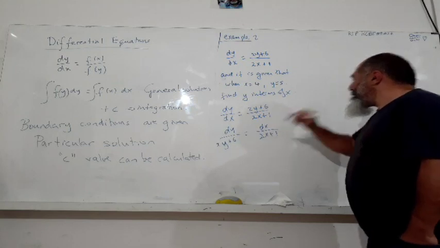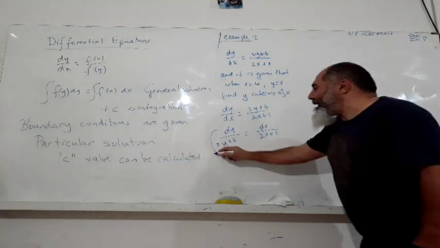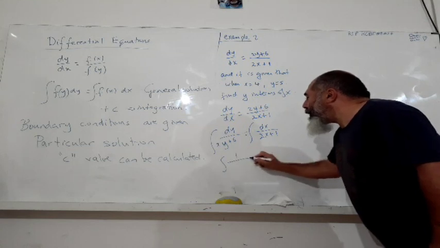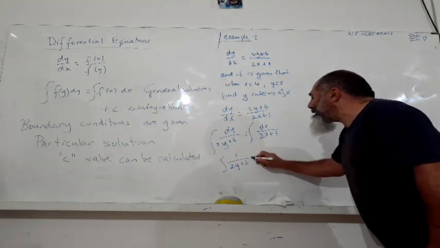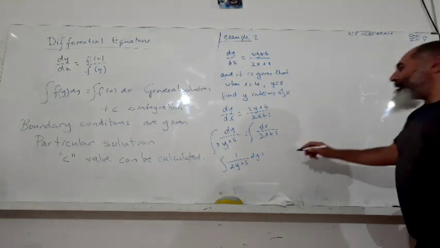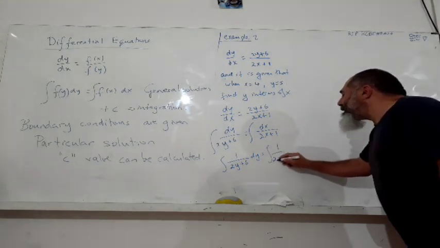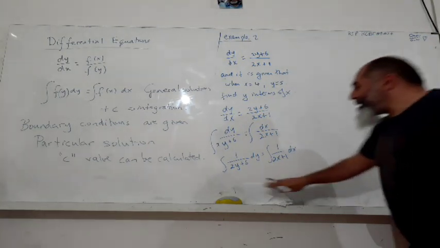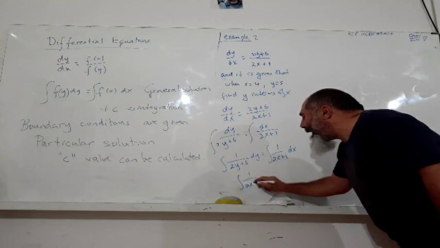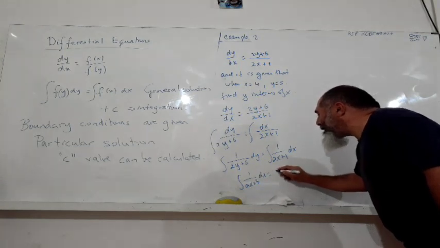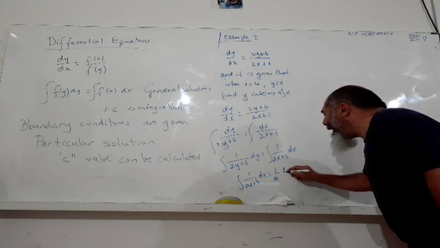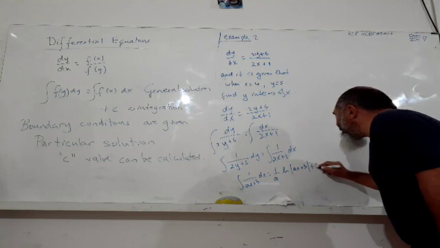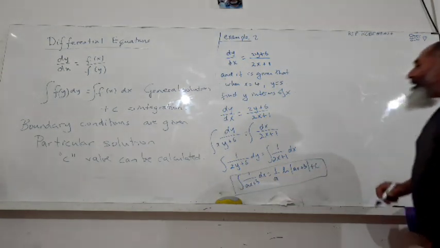What do we have here? We have 1 over 2y plus 6 dy, and on the other side we have 1 over 2x plus 1 dx. And remember, if we have 1 over ax plus b dx, the answer is 1 over a ln of ax plus b, plus c. This is the information that we have to know to be able to find the integrations there.